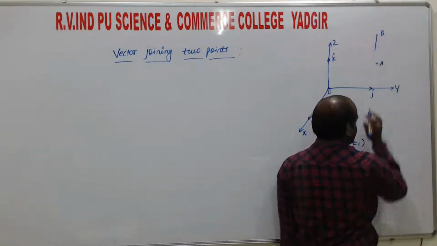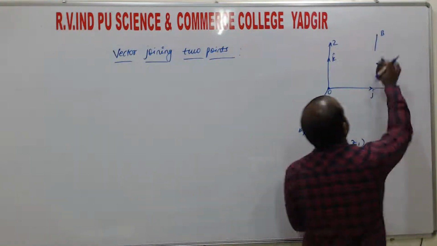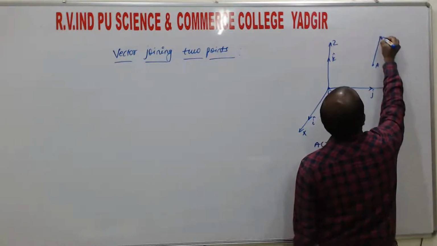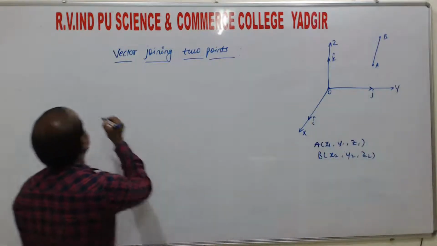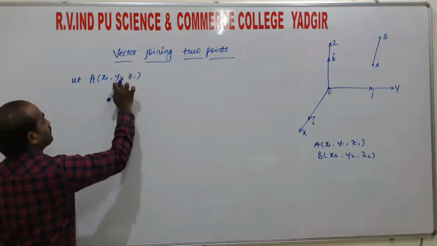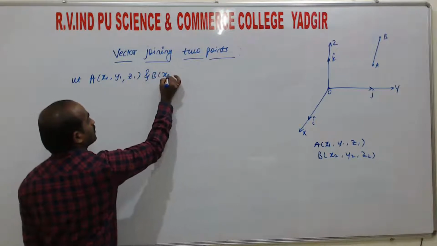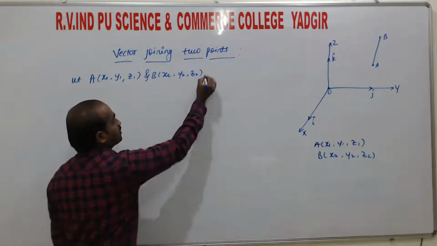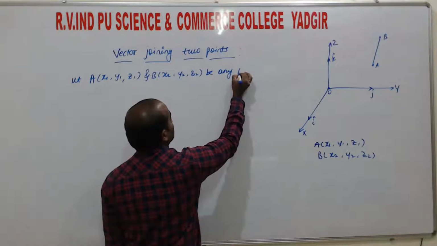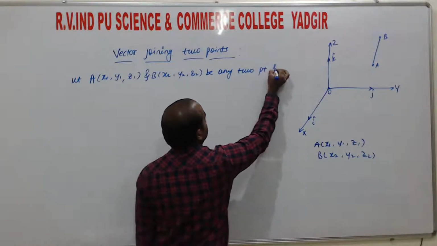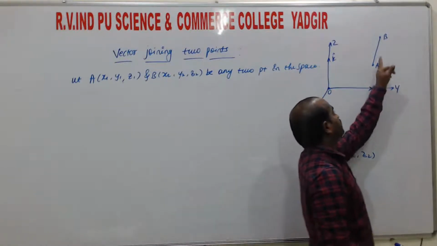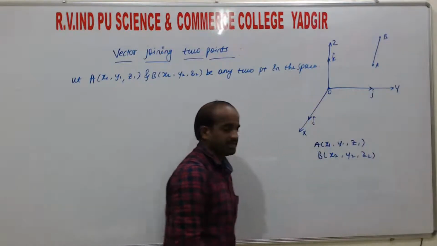Let A of x1, y1, z1 and B of x2, y2, z2 be any 2 points in the space.